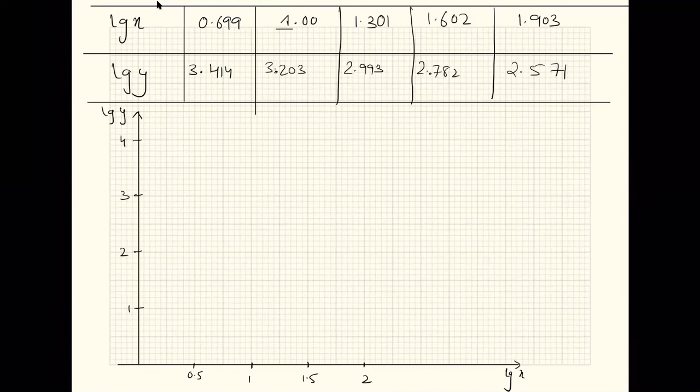The first value is 0.699 and 3.414. So 0.6 is going to be over here, and it's 0.699, that is roughly 0.7, and 3.414, roughly 3.4. That's one of the values.